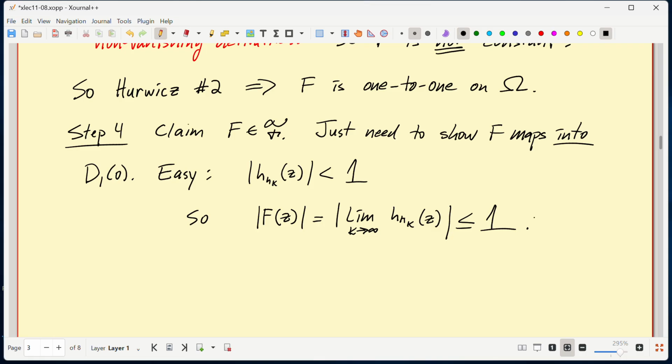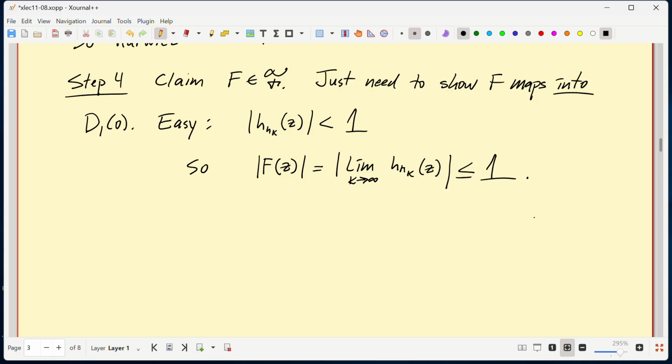But if f of z was ever equal to 1, let's pick a point, then the maximum principle would imply that f is identically constant.